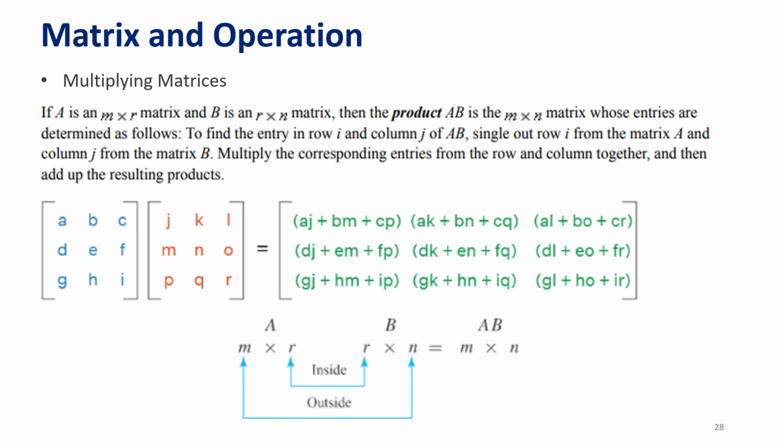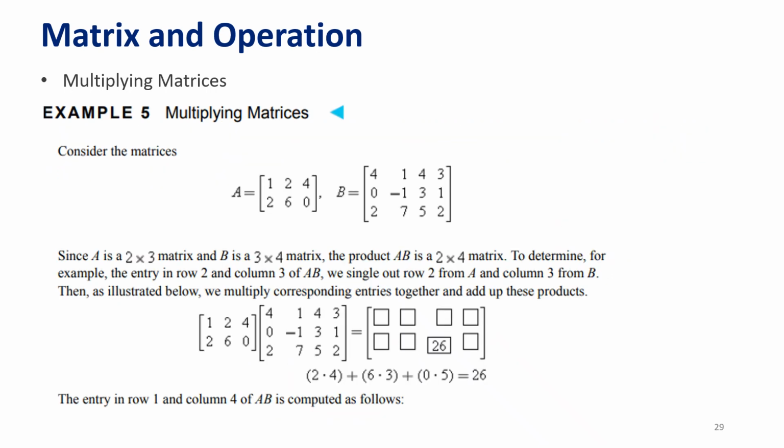This is an important concept because you need to carefully look at the calculations step by step, and by understanding this multiplication of matrices, you will be able to use it for several things later. Here we continue with the example of matrix multiplication, calculating step by step by aligning rows and columns and summing the products.